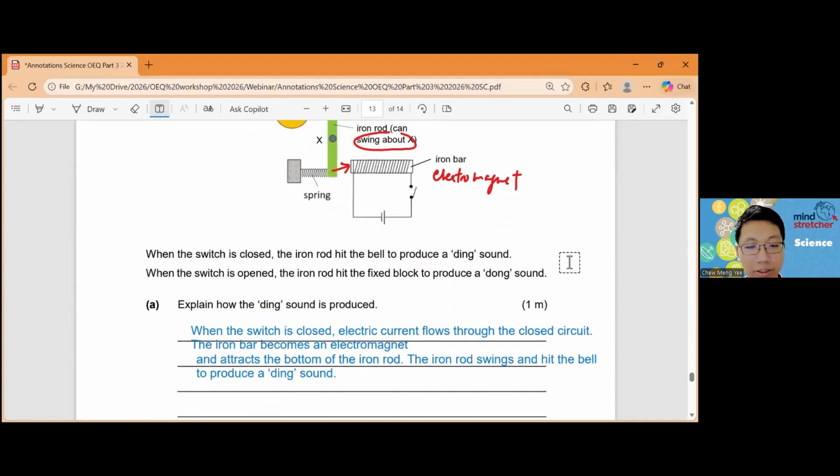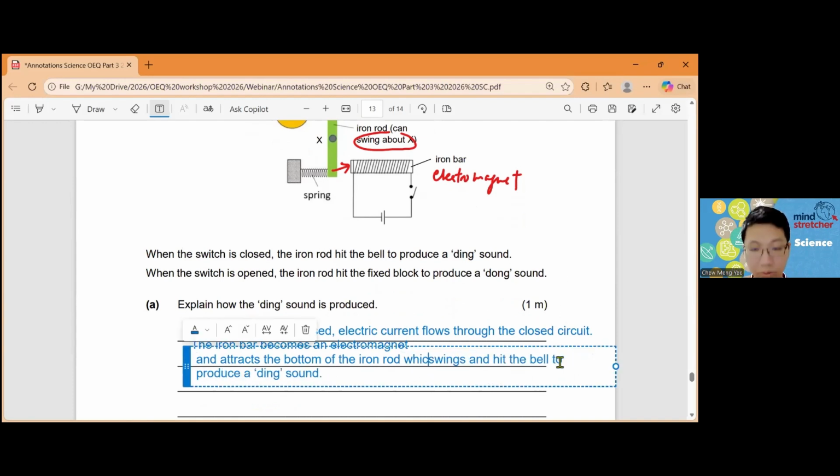It attracts the bottom part of the iron rod, causing it to swing and hit the bell. Let me see how I can rephrase this. Electric current flows through the closed circuit. The iron bar becomes an electromagnet and attracts the bottom of the iron rod. This one I don't need to complete. Hit the bell can already. We'll stop.